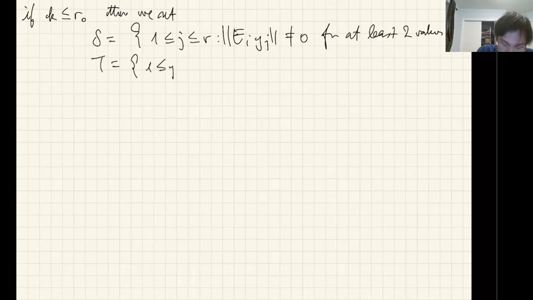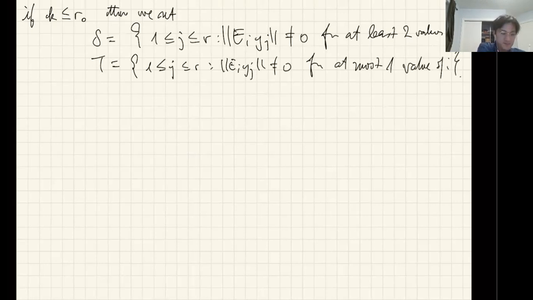So it's the j, 1 less than or equal to j less than or equal to r, such that Ei yj is non-zero for at most 1 value of i. Okay. Now, what does that mean? Let's unpack this. Say we have a yj, okay. Say we have a yj and it kind of looks like this. This is the support of yj, and this is the support of the Ei's, okay.